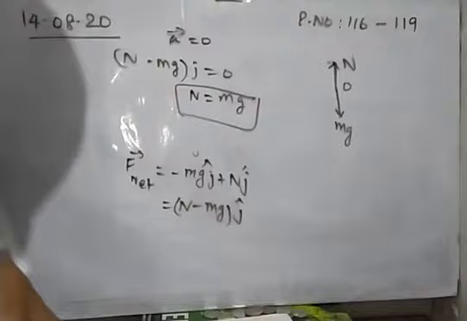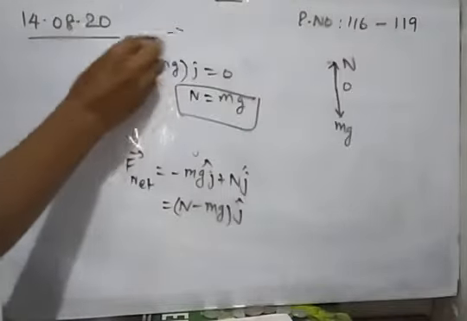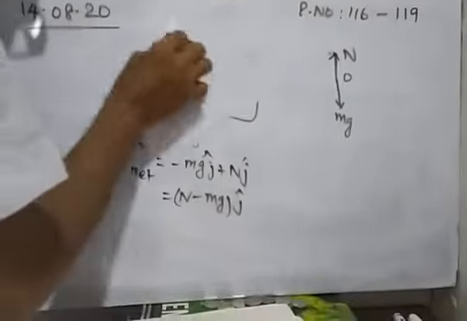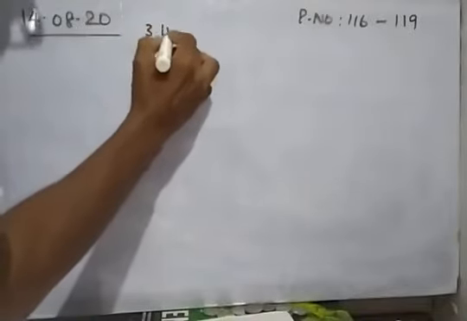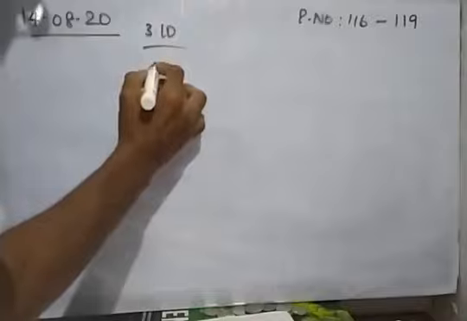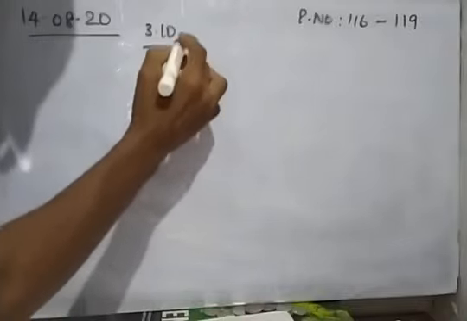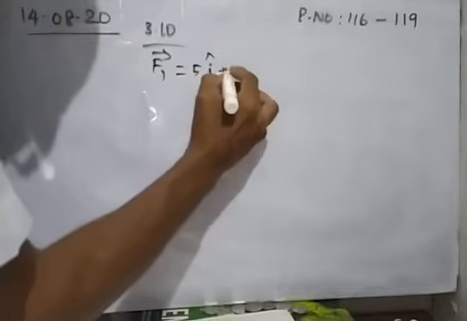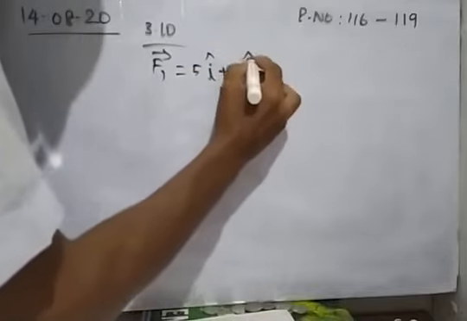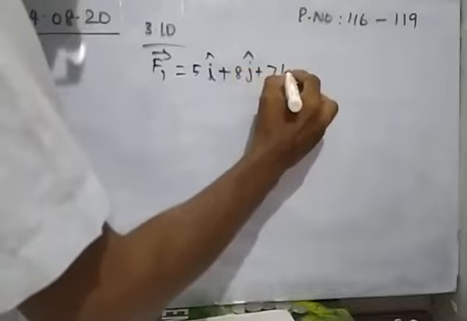Next, 3.10, which is also very very important, and mostly expected in the annual examination. What is that? A particle of mass 2 kg experiences two forces. The first force F1 is given by 5 i cap plus 8 j cap plus 7 k cap.